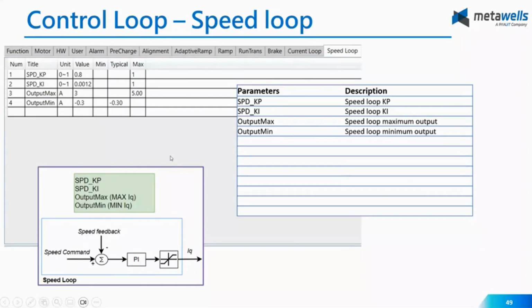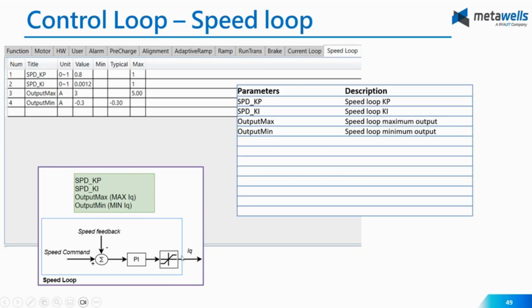But there is a very important parameter here, output max, the number 3. Let's check this speed loop output. This is a saturation limit parameter. Basically, it is the maximum QS current here.